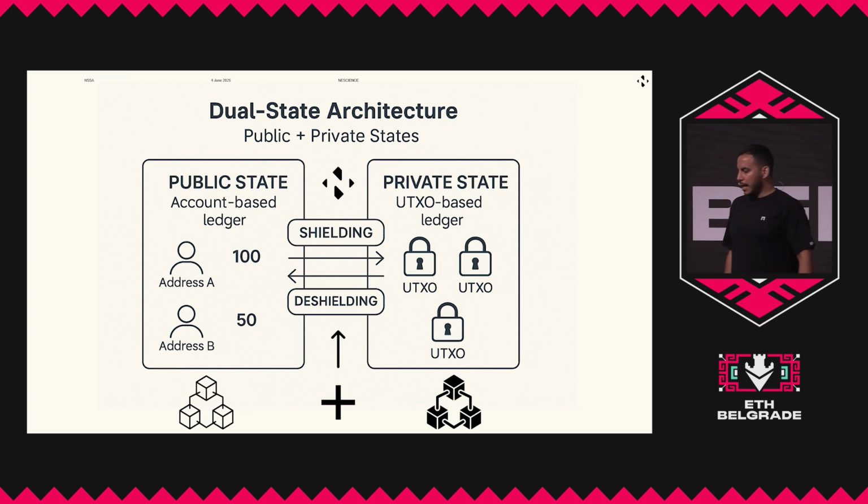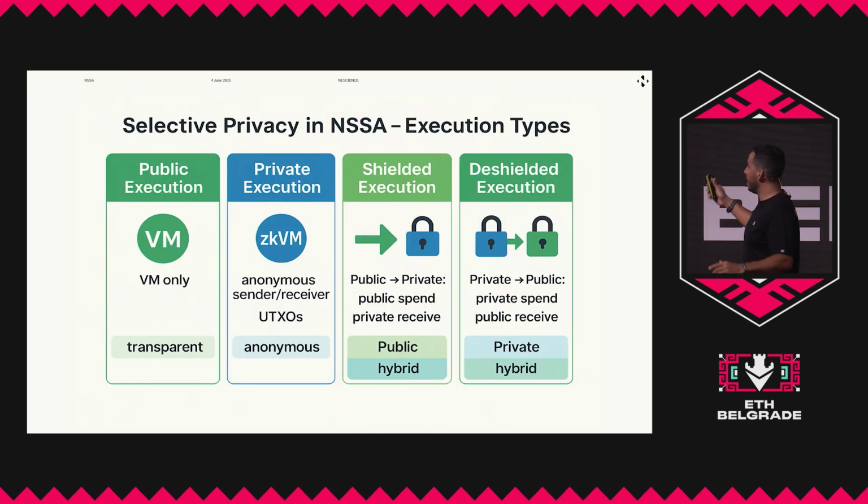So what we'll have is selective privacy within execution types. We will have four execution types: public execution, private execution, shielded, and deshielded execution. Public execution is transparent execution. We only need a VM. We write and read from the public state.